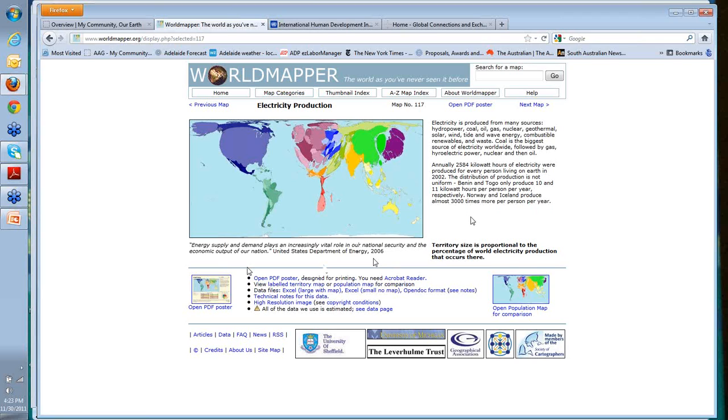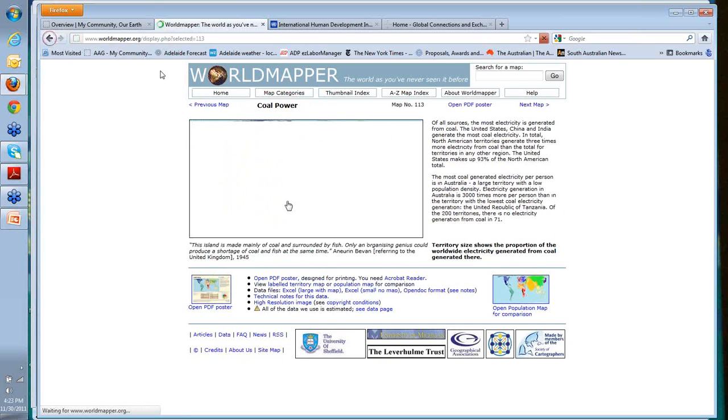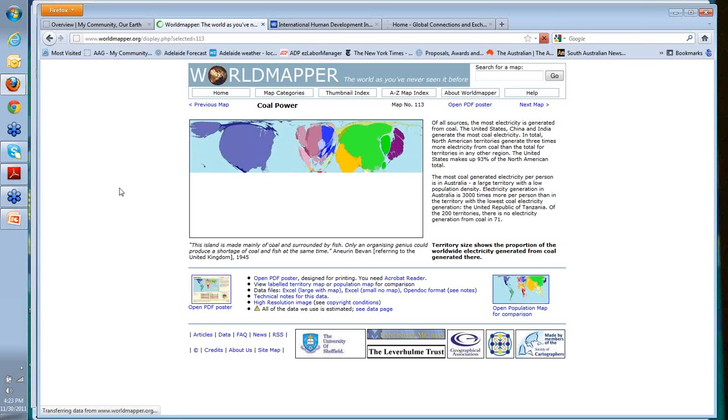So it gives you a different perspective. If you look at some of these, you might even look at the difference in who's using a lot of coal in the world versus who isn't. I think that as students look at these maps and find their location, it might be interesting to look at the sources of power or electrical energy in the world.